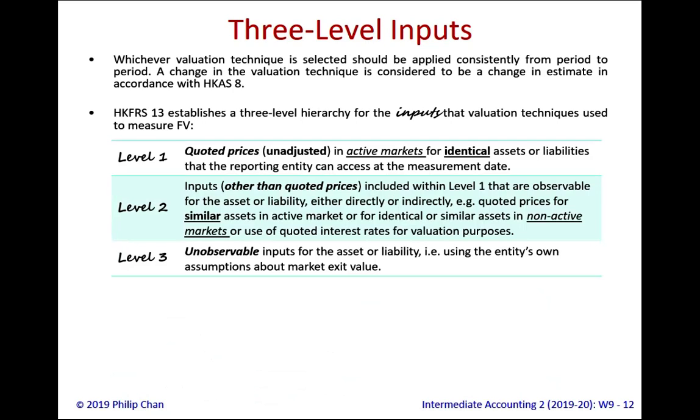Level 1: quoted prices, unadjusted, in active markets for identical assets or liabilities that the reporting entity can access at the measurement date. So in other words, in this so-called level 1, we expect that the inputs we can use must be observable inputs, which I will define later on.